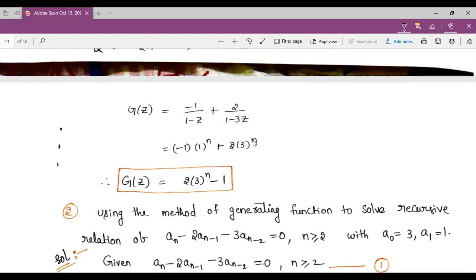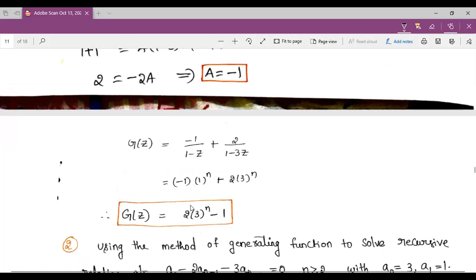So 2 into 3 power n. This is sequence form. So from these we write 2 into 3 power n minus 1 into 1 power n. So g of z is equal to 2 into 3 power n minus 1. The sequence form of the given recurrence relation using generating function is 2 into 3 power n minus 1.